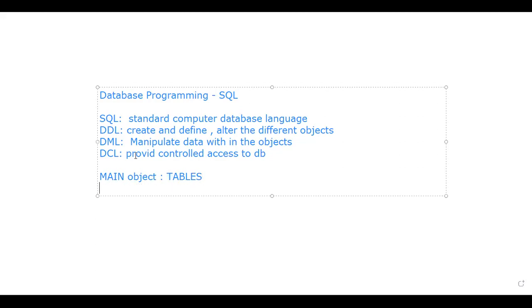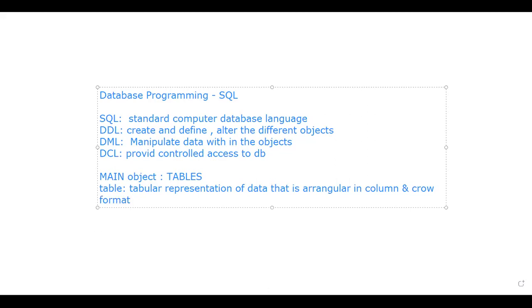When we talk of a table, we regard it as a tabular representation of data that is arranged in a column and row format. So this main object that we deal with whenever we are talking of a database is a table.